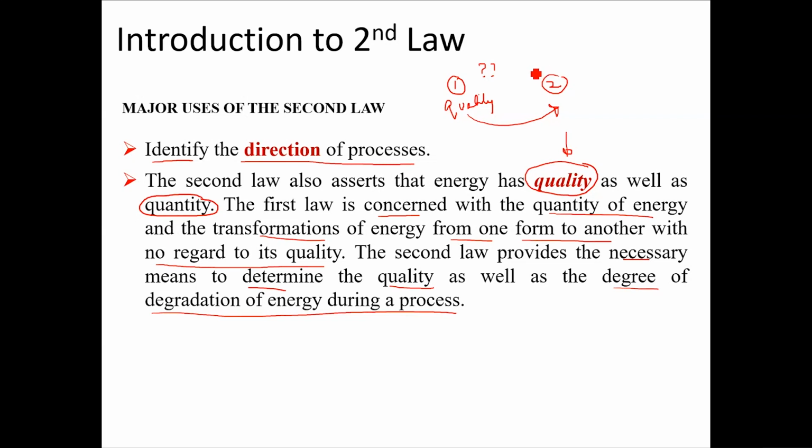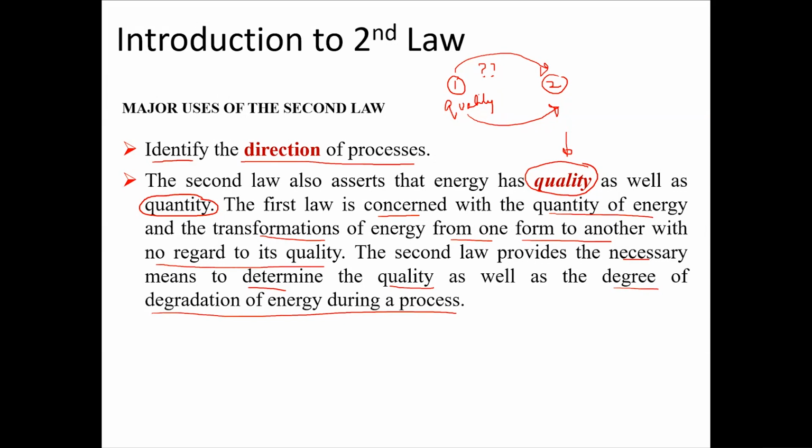Or in other words, what is the quality of my energy at state 2? Because a process could move from one state to another in various ways, what is that mechanism that would give me the maximum quality at state 2 also? This is the second aspect associated with the second law.